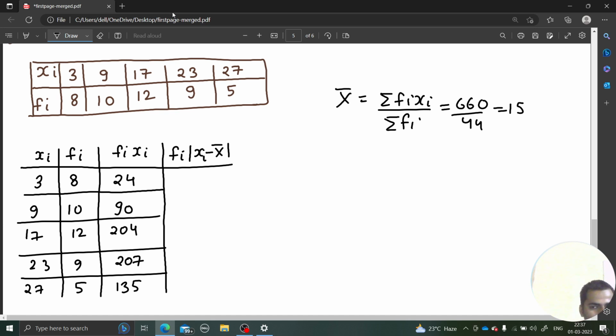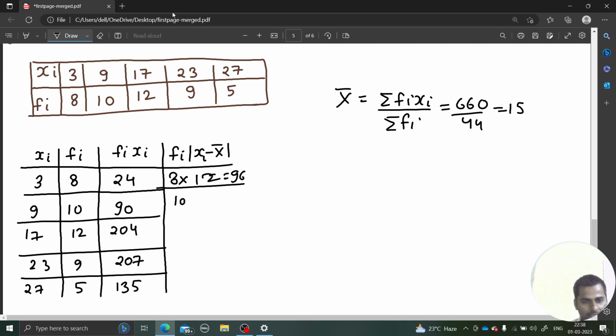So frequency multiplied by each data minus the mean. In the first case it will be 8 multiplied by 3 minus 15, which is 12. This is 96.